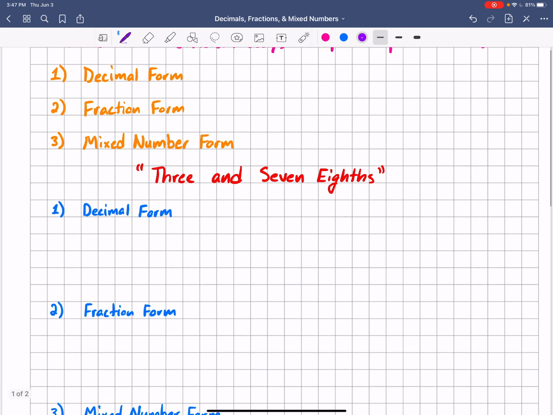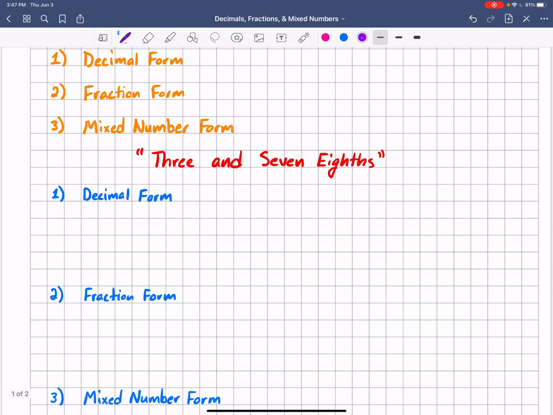When we're doing this, we'll have 2 parts to this number: a part that's a whole number and a part that is a fractional number. So the whole number, 3, we're just going to represent as 3. Now in math, when you say you have 3 and you have 7/8, you represent this with addition.